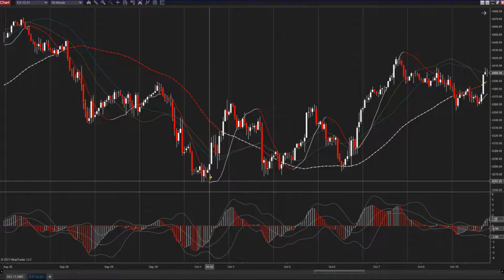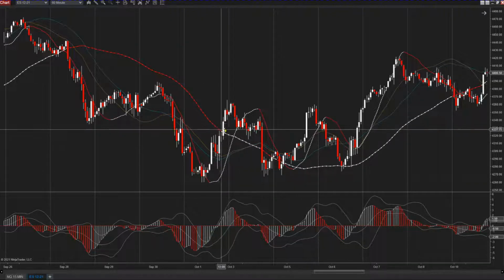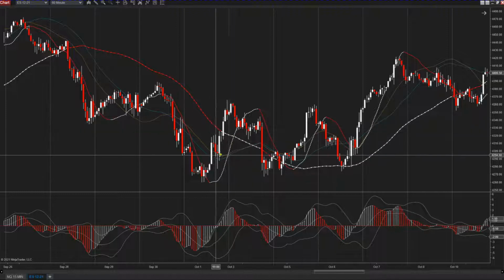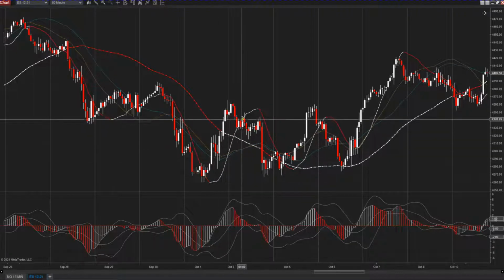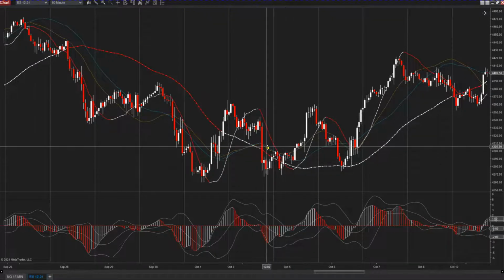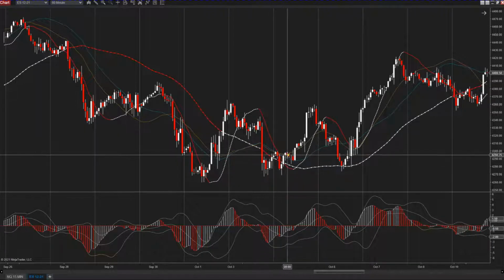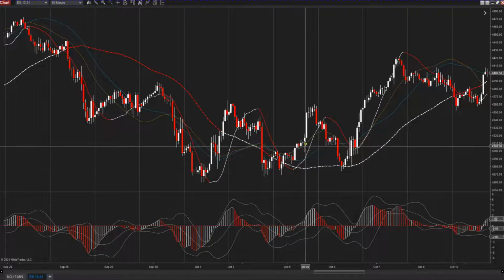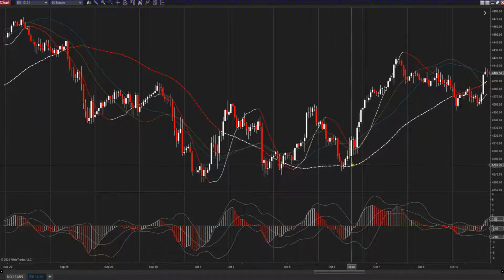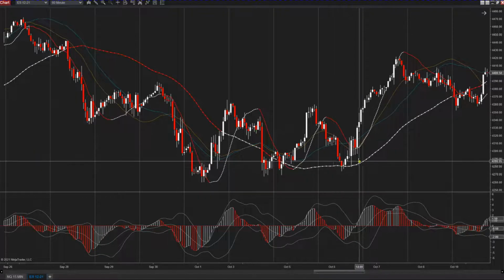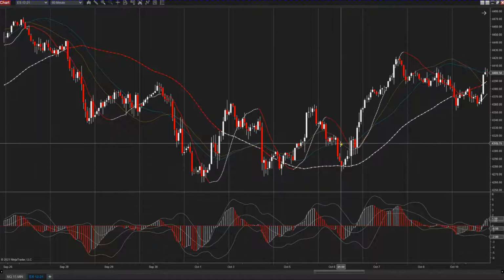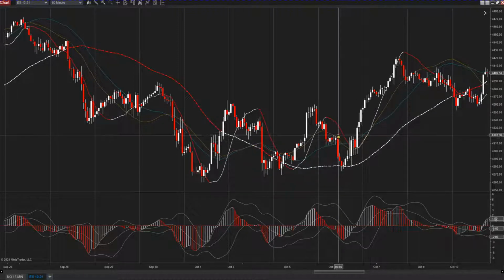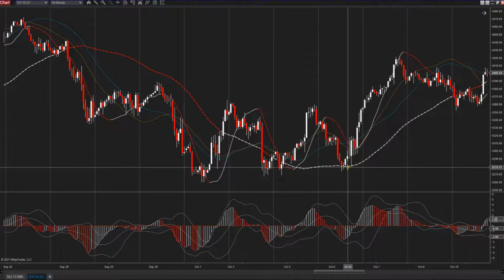You can see price breaking above the 1, but the 2, 3 and 4 were below it. And it just took a while for the 2, 3 and 4 to all get above the 1, so that when it came back to find the trend line, the mothership, the 4, 3, 2 were above the 1.